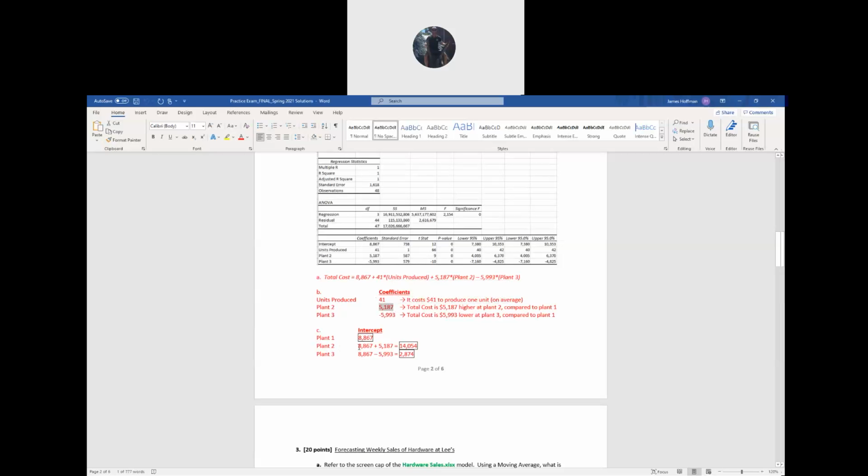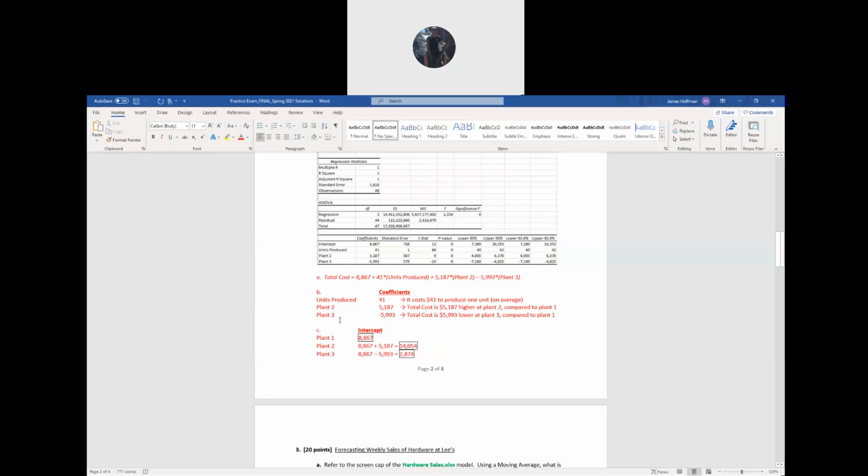So for plant 2, take the original 8,867 for plant 1 and add the additional cost of producing at plant 2, which is that coefficient of 5,187. If you add this intercept plus this coefficient for plant 2, you get the intercept for plant 2 is in fact 14,054.